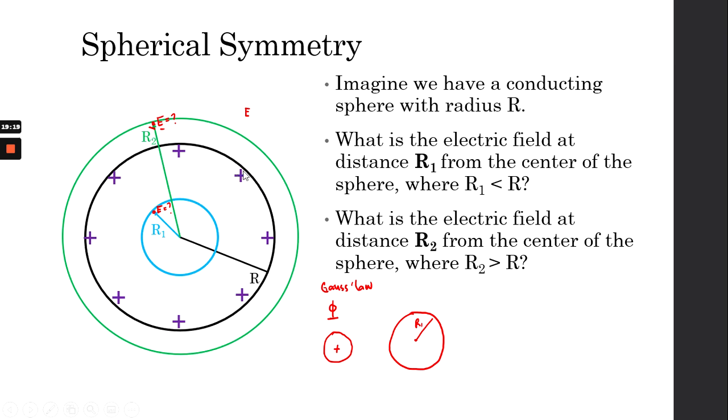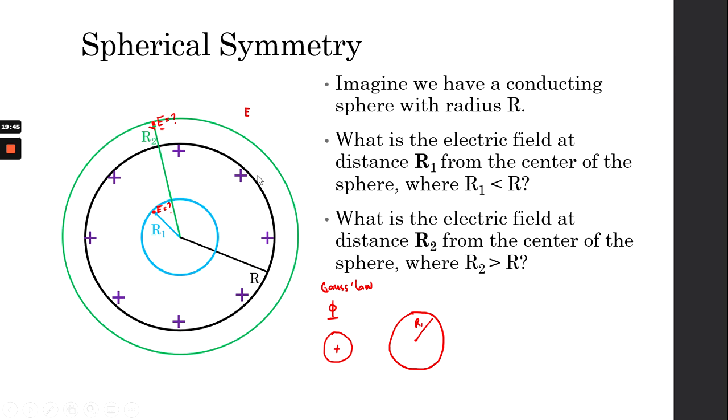So basically, inside of this Gaussian surface there are no charges because R1 is inside your true sphere, your conducting sphere, right? We know that in a conducting sphere, the charges are on the surface only.